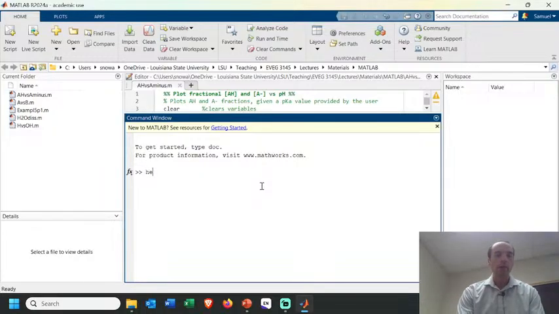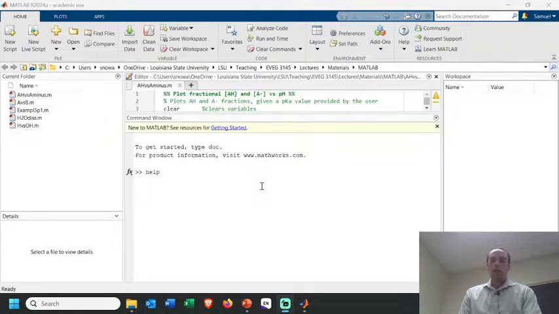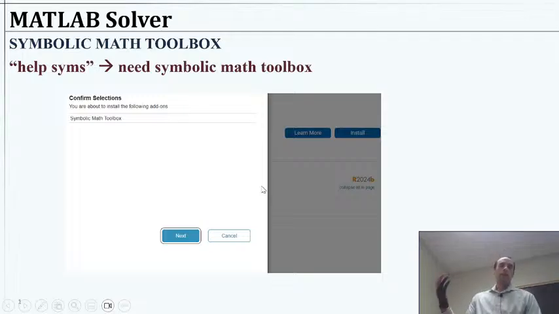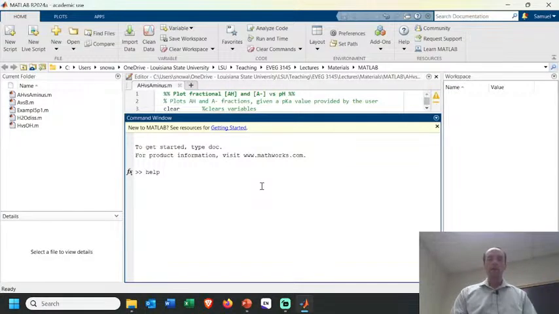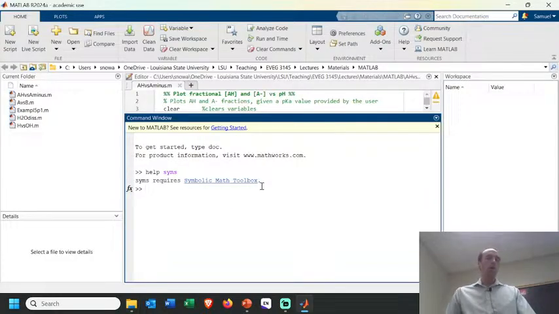So I was looking into a particular function. I'm forgetting the actual function I was looking at, but it wanted me to define some symbols, so SYMS for symbols. And so I was like, oh, okay, well, what does that mean? And it said you need the Symbolic Math Toolbox in order to use that.